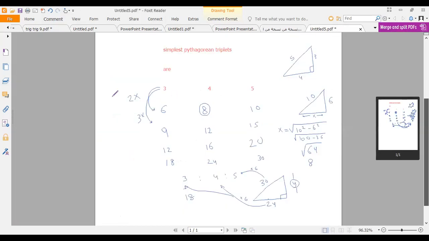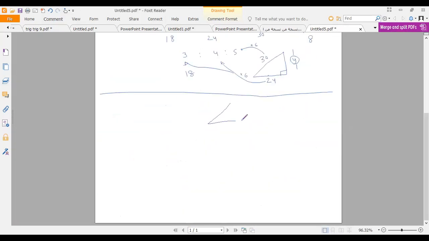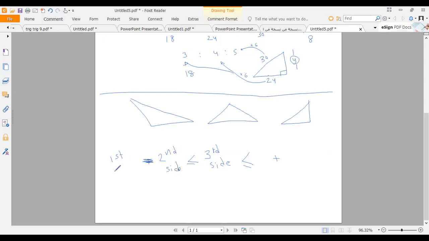In this note, I just want you to understand that for any triangle, if it is acute, obtuse, or right triangle, you can always find that the third side must be limited between this border, between the sum and the difference of the two sides, the first side and the second side.